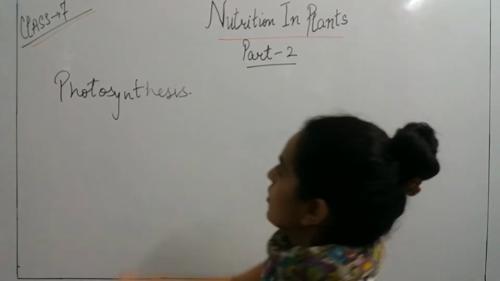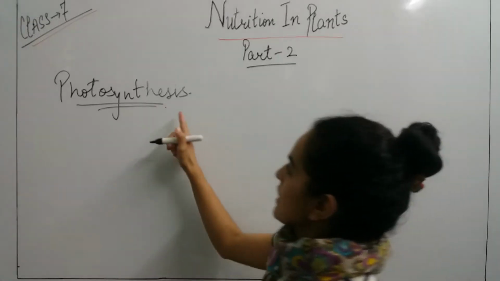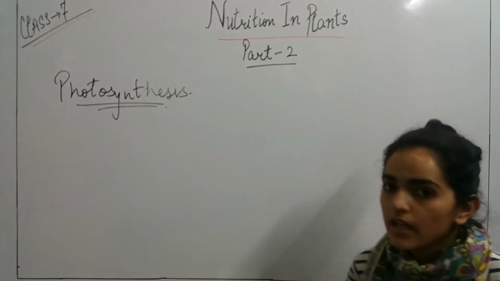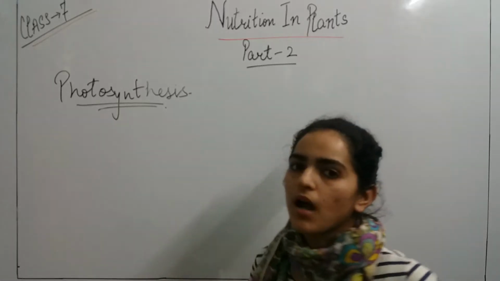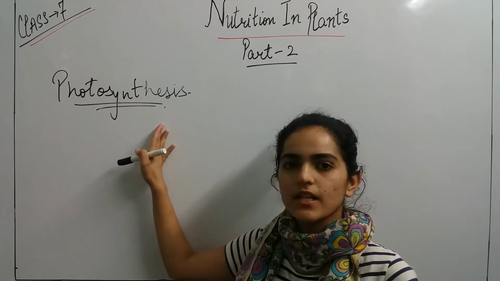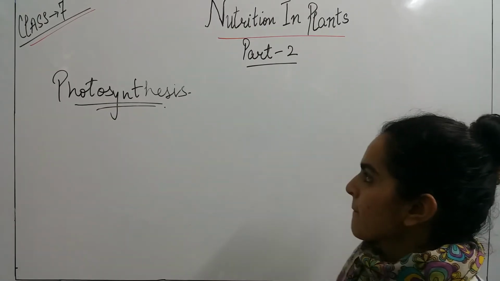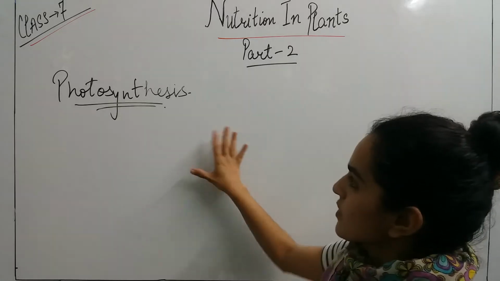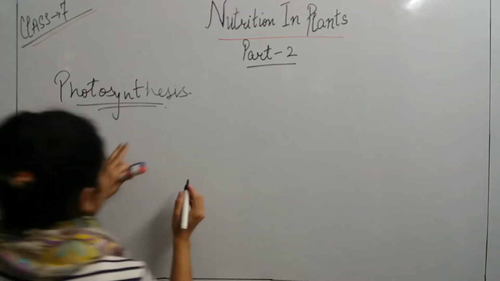Now, photosynthesis process में क्या होता है? We have read that this occurs in green plants. The plants which have green leaves, means chlorophyll is present in those leaves, and photosynthesis occurs there. So, more things about photosynthesis we will study today.